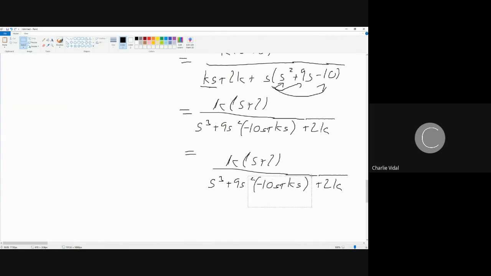So let me just select this and delete it. Put that 9s squared back to normal. Okay, so if you take out the s on both of these parts, you take it out like this, then you can say it's k minus 10, right? Same thing, just a better way to write it.